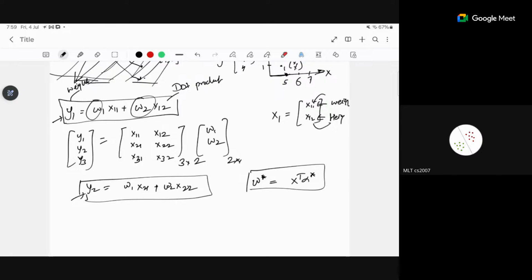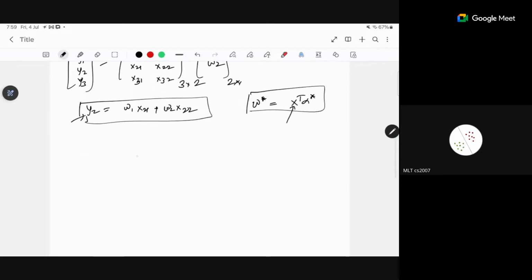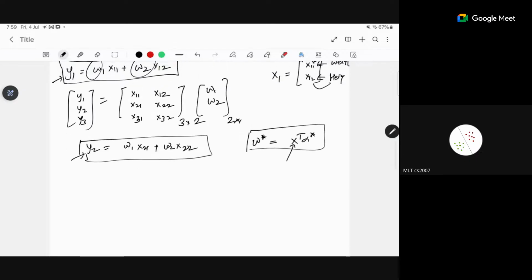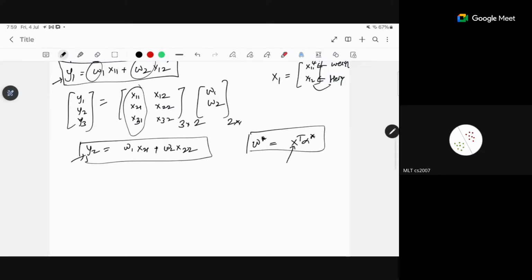It is the same as saying some linear combination of the feature vectors, all the features, right? So this x11, x21 and x31 I will consider as f1, and this as f2. Now I'm just plotting f1 here, f2 here.